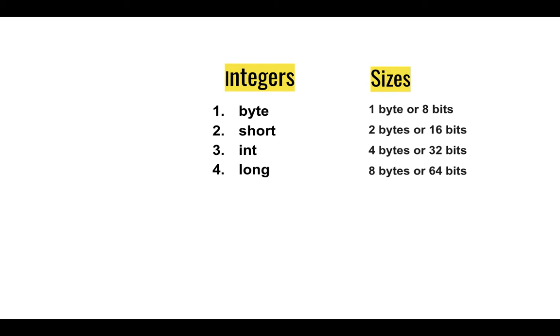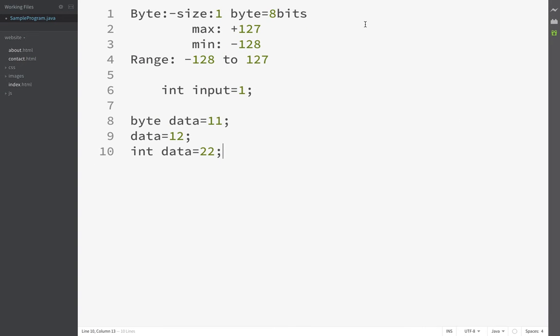We can store numbers between minus 128 and plus 127. Maximum value is plus 127, minimum is minus 128. Its range is minus 128 to 127.